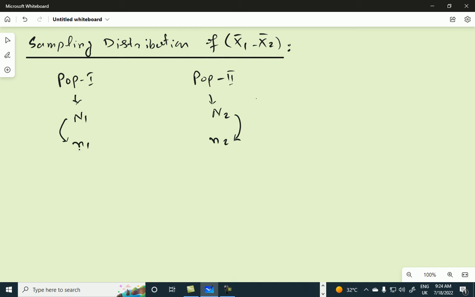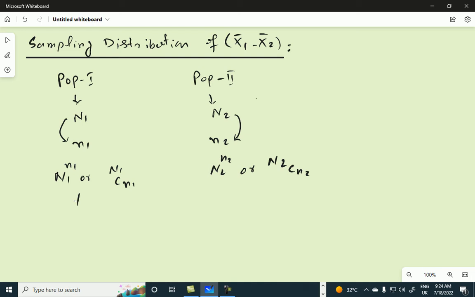If you are applying sampling with replacement, you will have N1 to the power n1 possible samples, or if you are applying sampling without replacement, it will be N1 C n1. Similarly, N2 to the power n2 or N2 C n2.